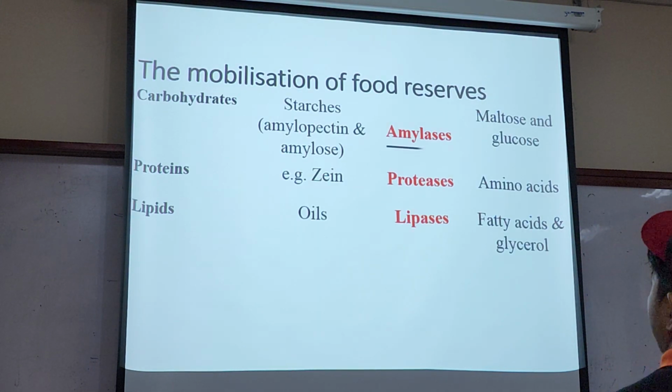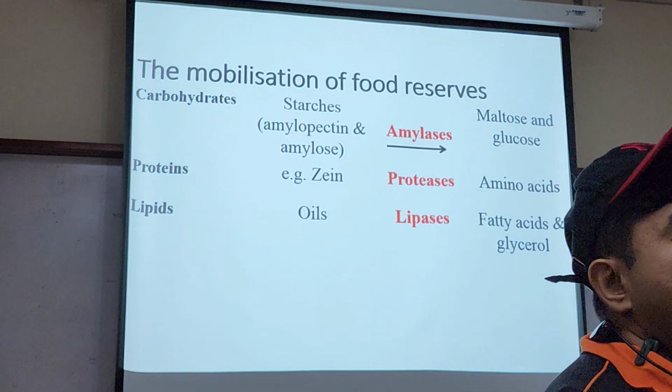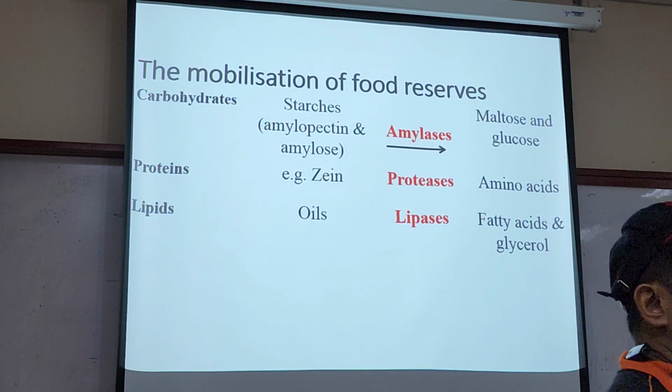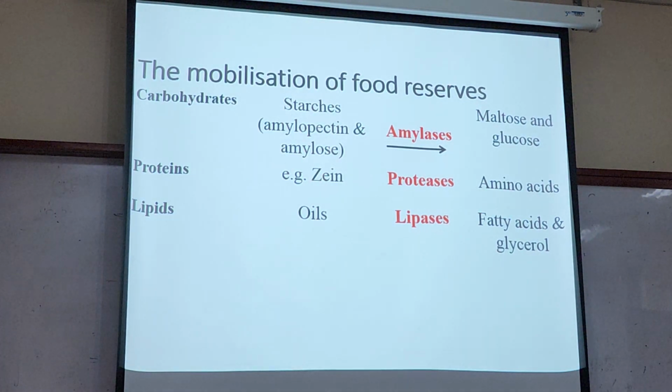Right. So what happens actually in the mobilization of food reserve? So the food reserve, there's so much in there. Not only the macromolecules like the carbohydrates, proteins, and lipids, you got vitamins as well. Vitamins, phenolic compounds, and so on, antioxidants. Yeah, so many things. Carbohydrate, you've got the amylopectin and amylose, like your rice. You know your rice? Rice is high in amylose and amylopectin.